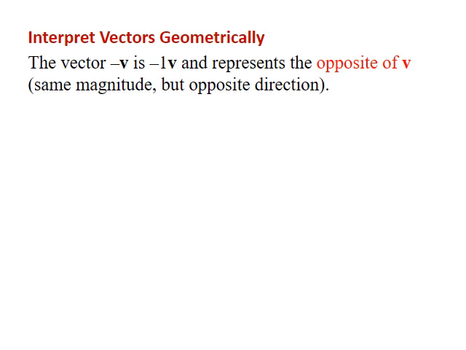One thing to make sure you know is that if we have a vector V, then negative V represents the same vector but the opposite direction. So if this is vector V, then this is negative V.